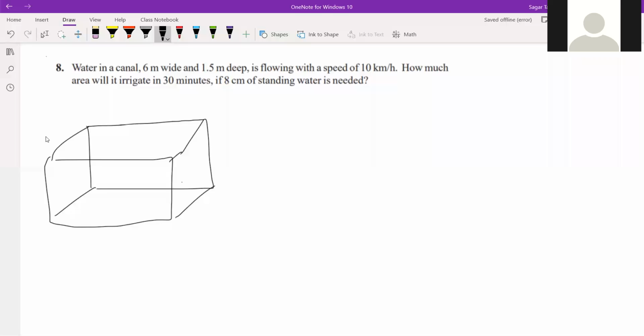We do not know the length of the canal; that will be very long. But the depth is given, 1.5 meter. The depth of the canal is 1.5 meter and the width of the canal is 6 meter. Let me make it a little neat.